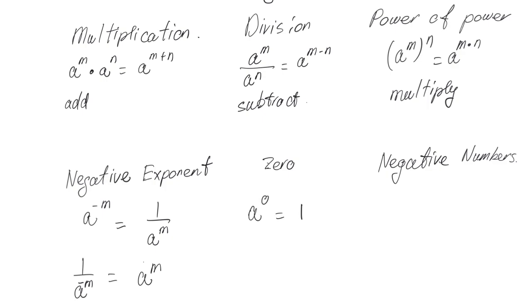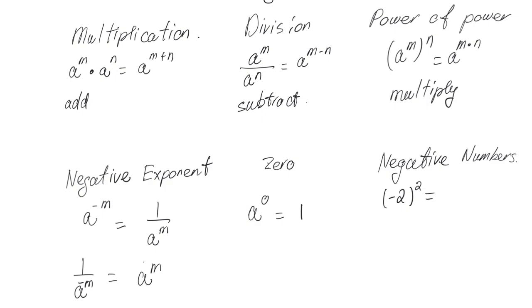And negative numbers should be inside the parentheses if we have the base as a negative number. Let's go ahead and write negative a raised to the n power. If we have a negative number as a base, that means we're raising the entire thing, and it has to be inside the parentheses.